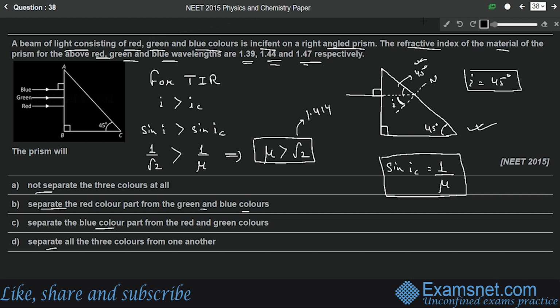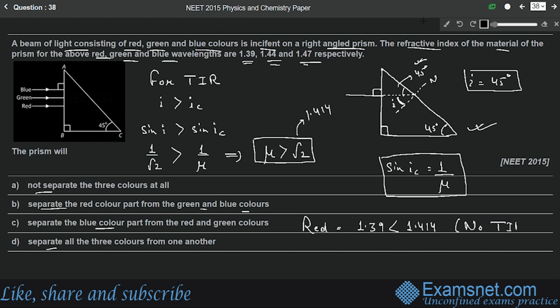So let's check for different colors. For the first color, that is red color, its refractive index is given as 1.39. Is it less than root 2 or more than root 2? It is less than root 2, less than 1.414. That means total internal reflection will not take place.